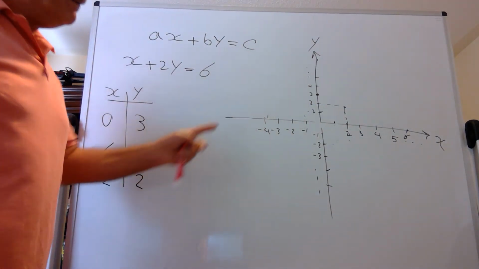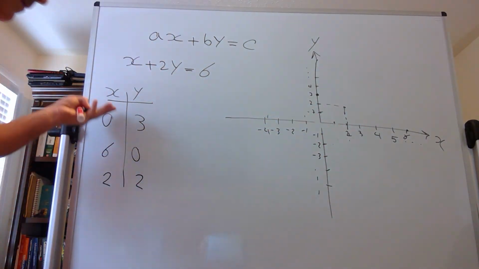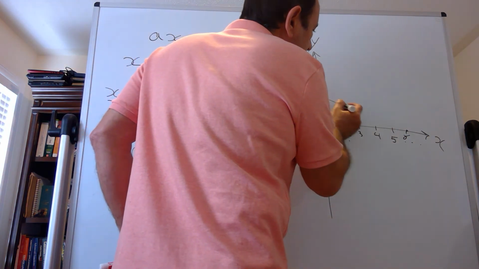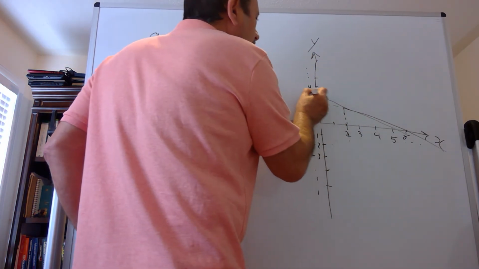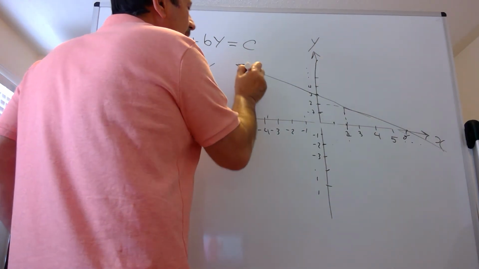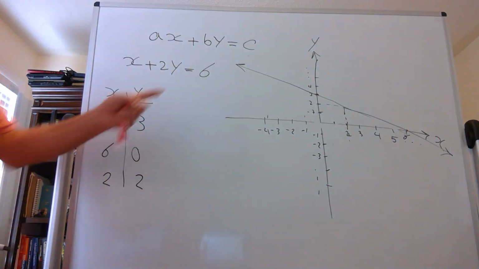Now, if these 3 points line up with each other, it means my calculation is right. Then connect these 3 points and continue from both sides. Putting arrows on both sides means this line continues forever.